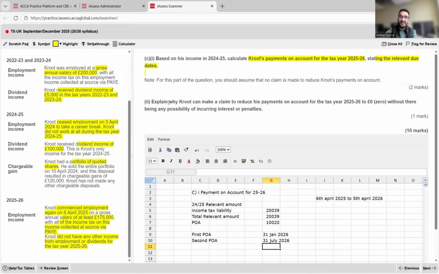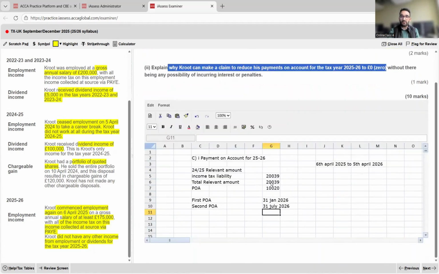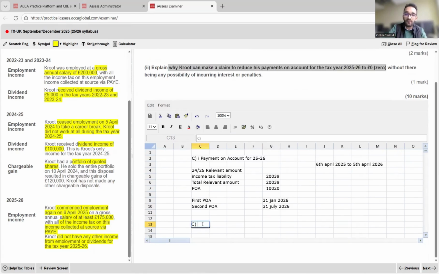Explain why Croat can make a claim to reduce his payment on account for 25-26 to 0. Meaning, although for 25-26, according to our calculation, he is supposed to pay a payment on account of 10,020 on the basis of the previous year's amount, does he have the option to claim a zero amount?